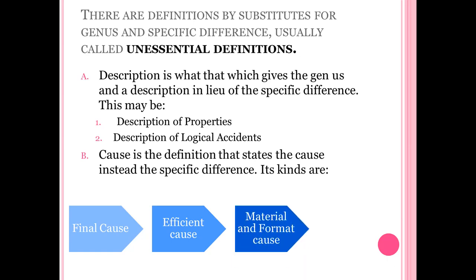So for material and formal cause, material cause refers to the stuff out of which something else is created, while formal cause is that which makes a thing what it is. So let's have an example.